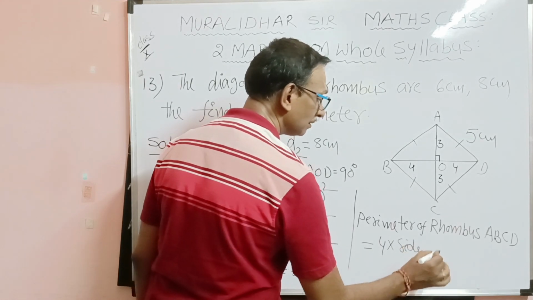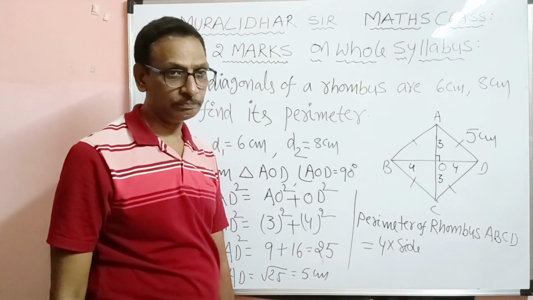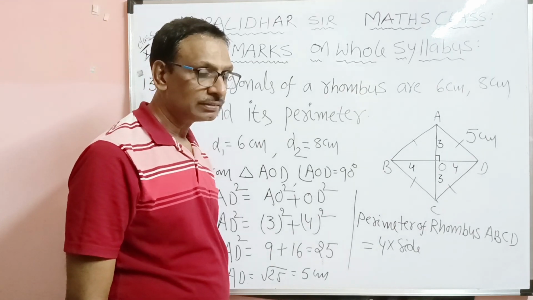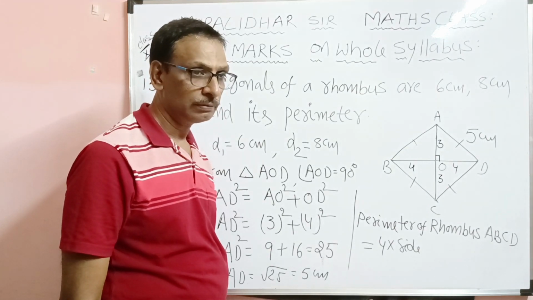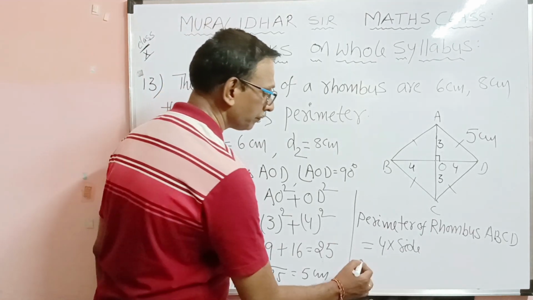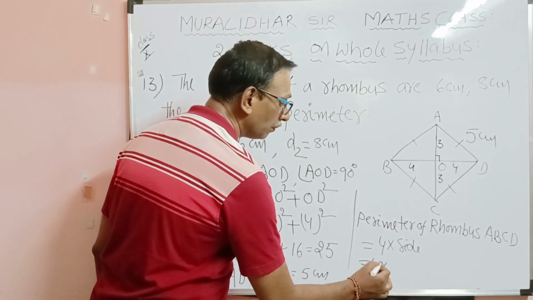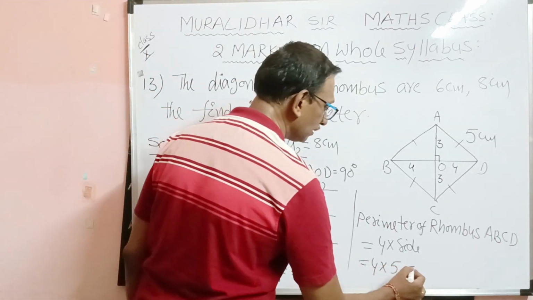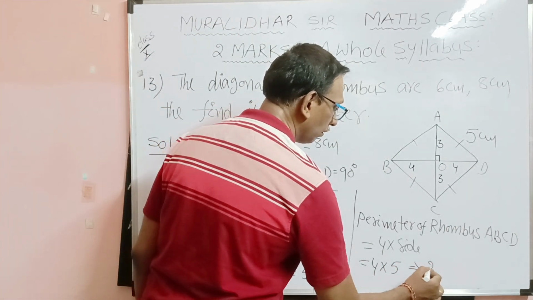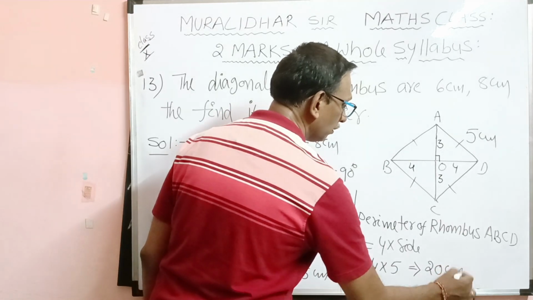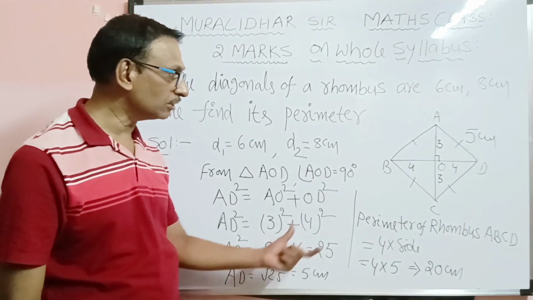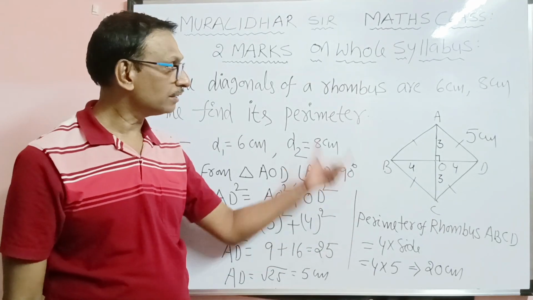In a rhombus, all sides are equal. The perimeter is the sum of the sides. 4 into the side, which is 5 centimeters. Totally we get 20 centimeters as the perimeter. Now this is the solution for this type of problem.